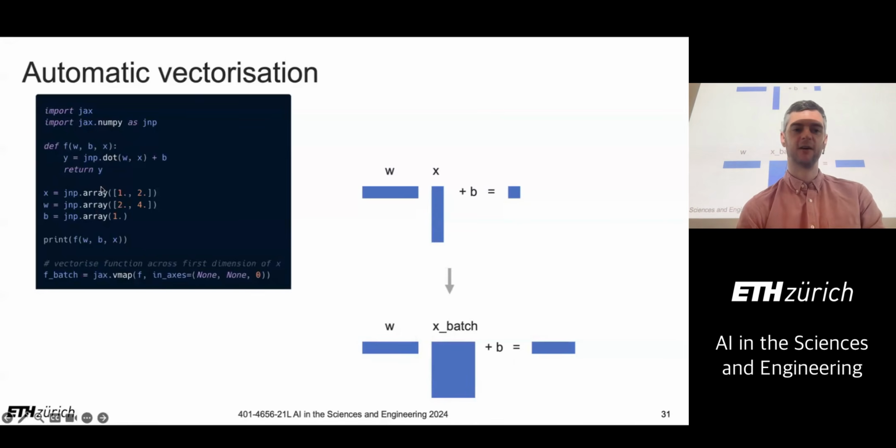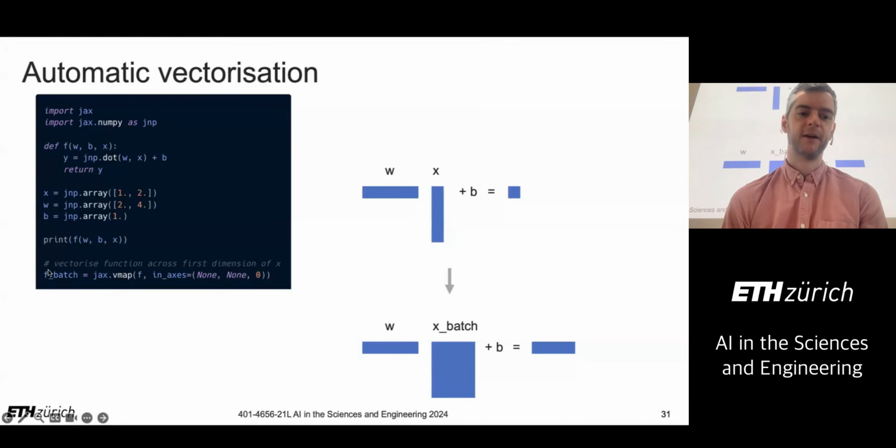It takes my function as input, any arbitrary Python function, and you tell it, of the three inputs, which inputs you want to parallelize across, and more specifically, which dimension of that input contains all these parallel examples.